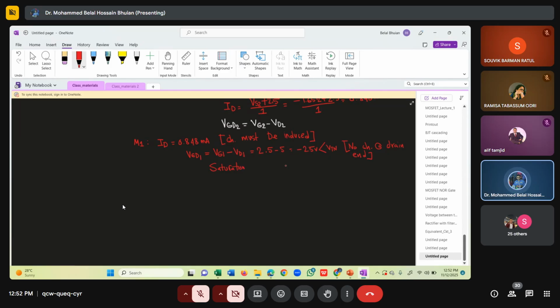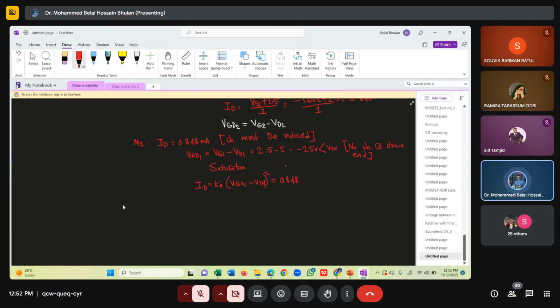If it is operating in saturation region, then I know the current that we have already calculated. ID equals Kn (VGS1 minus VTN) whole square, which is equal to 0.848.